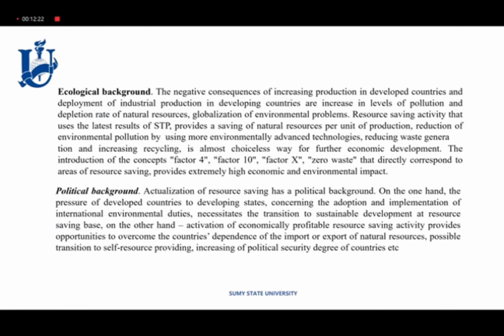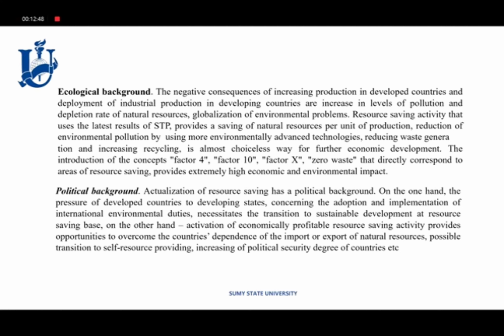About the ecological background: the negative consequences of increased production and development of industrial production in developing countries are an increased level of pollution and depletion rate of natural resources, and globalization of environmental problems.